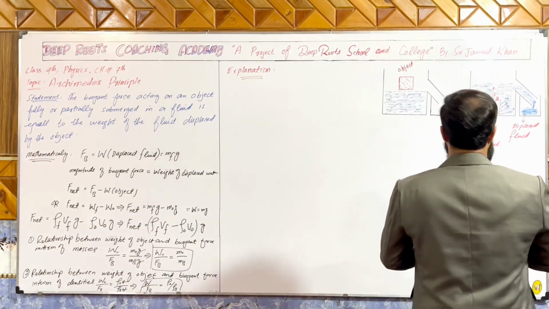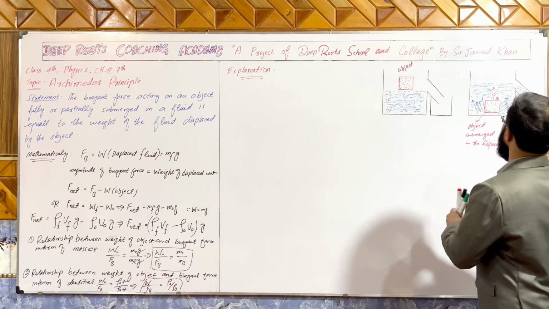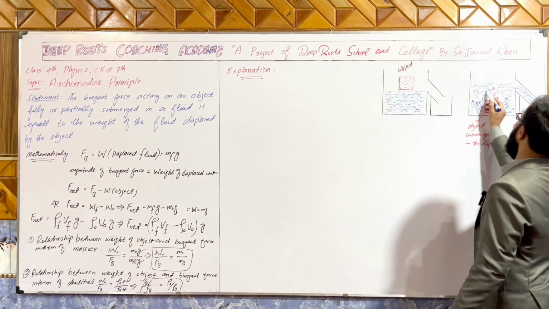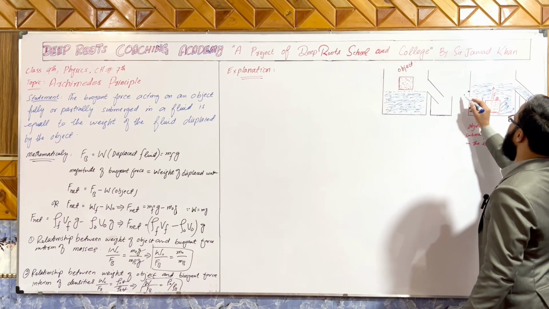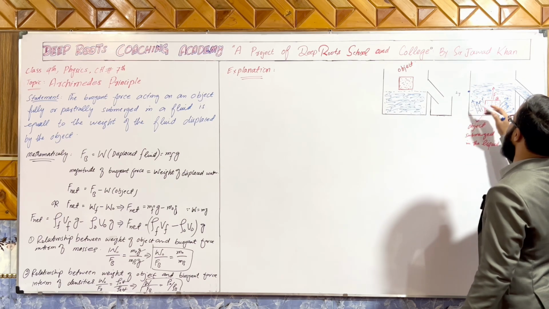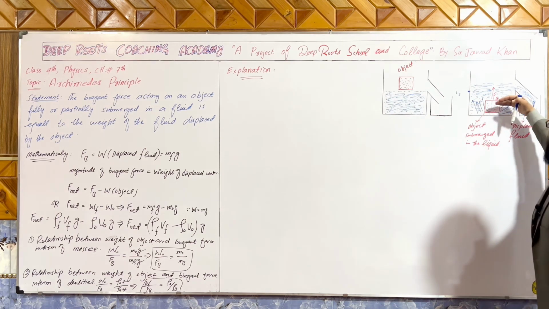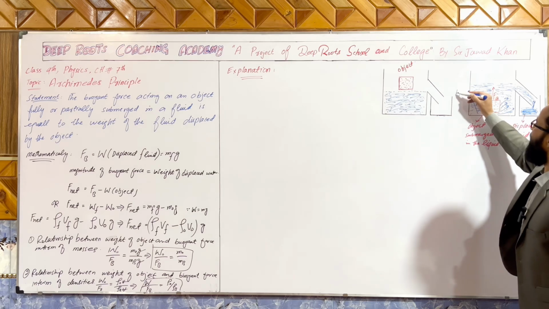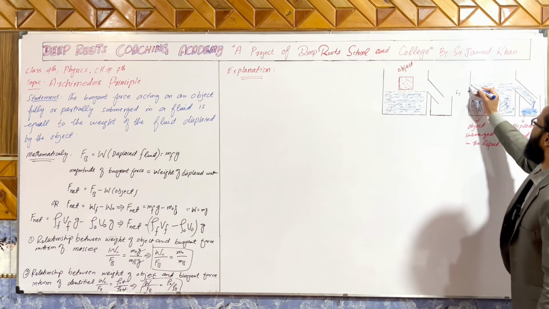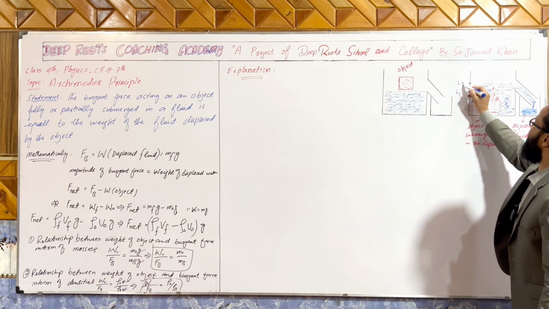So the fluid level will be increasing. Let's suppose this is level 1, and now when we submerge this object into the water, the water level will increase, and this is level 2.